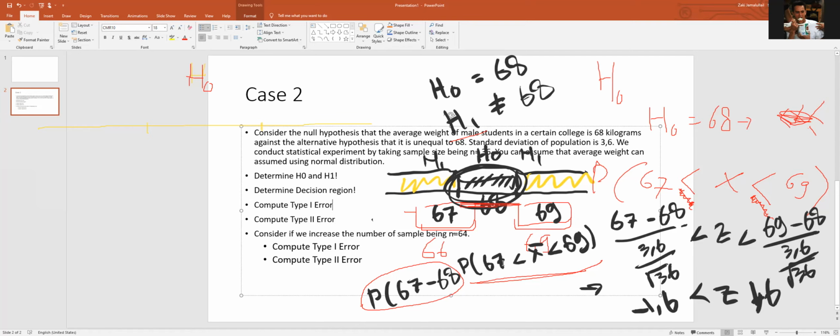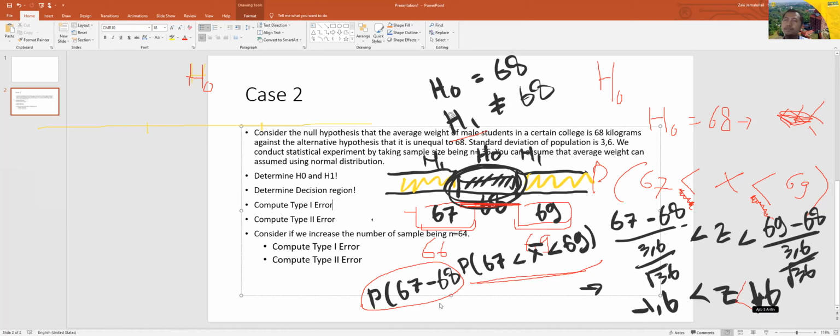I think I might have been mistaken, sir, because the result is minus 1.6 and then z and then 1.6, sir. Yeah, seems to be correct.